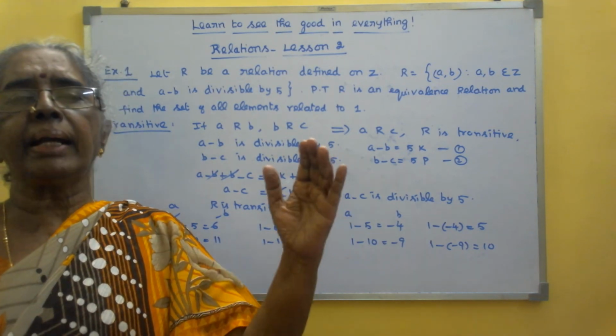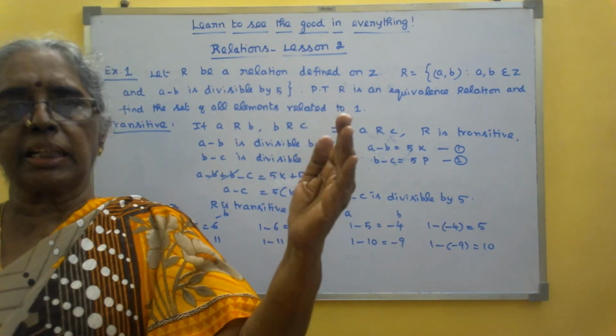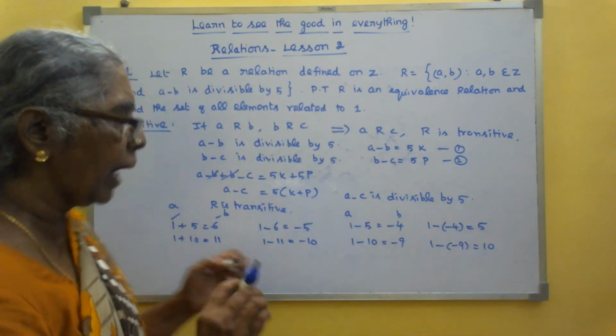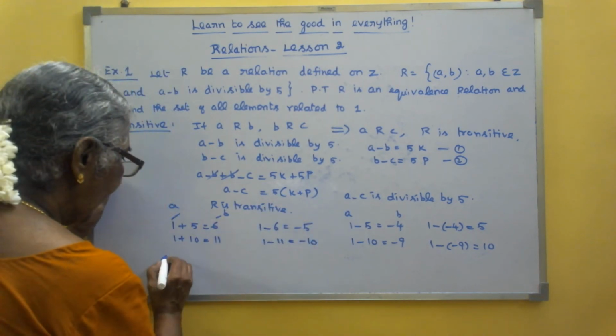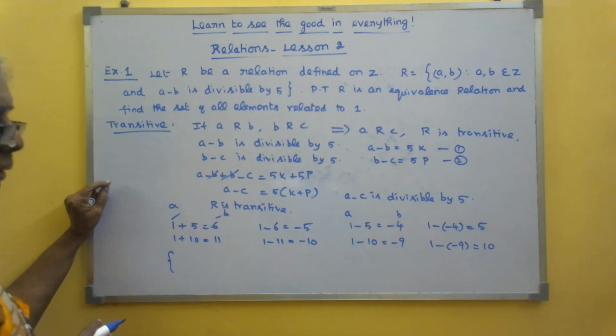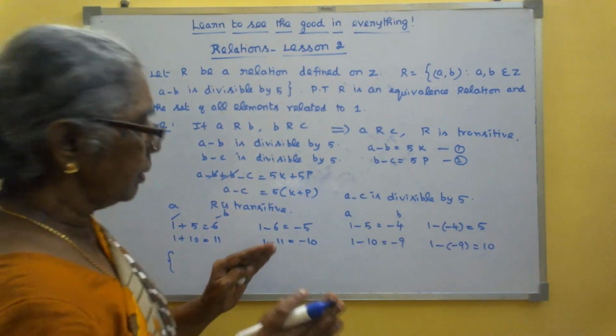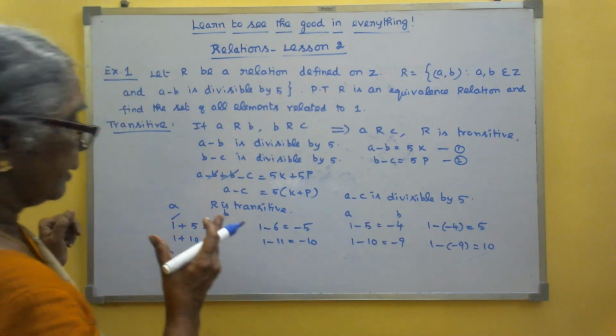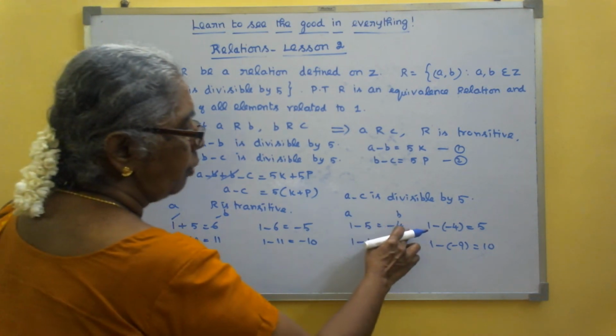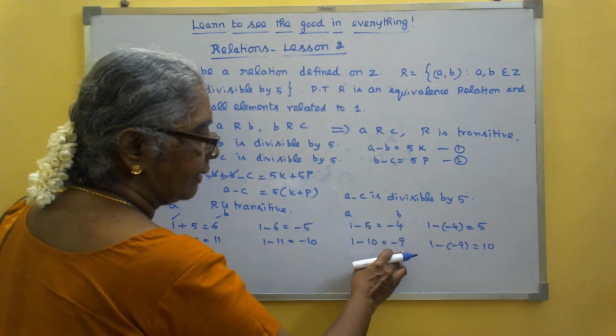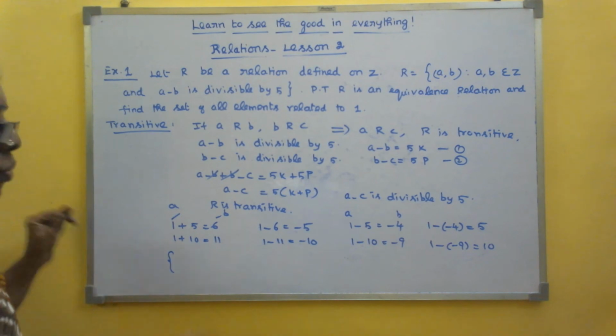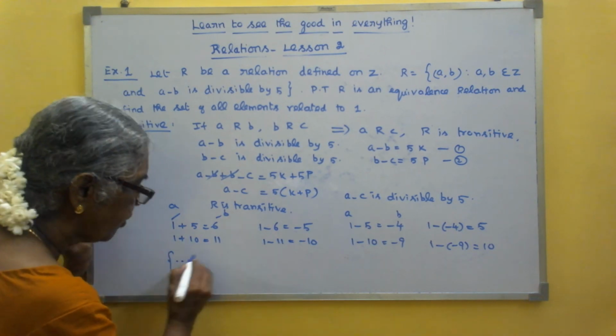So how can I write the set of all elements? So the set of all elements related to 1, that will be, okay, I will put a set bracket. So let me go from the negative side, that is I have got now minus 4, I have got minus 9. Like this I can get anything. So I will start from the lowest. I will put some dashes.